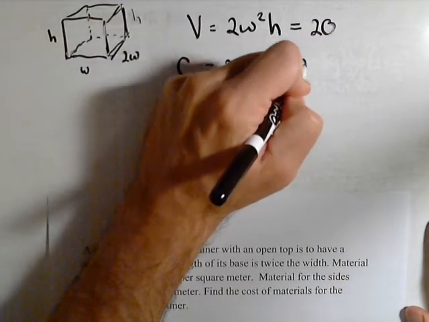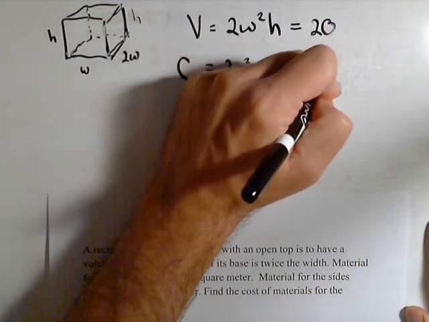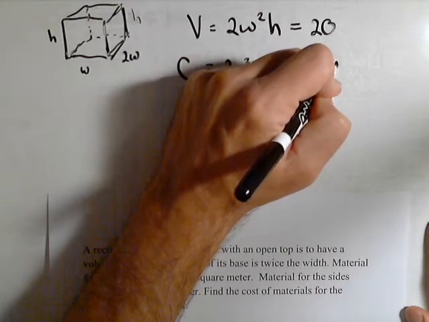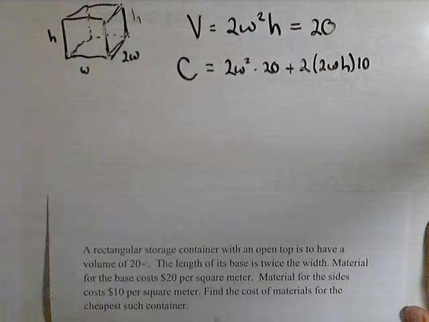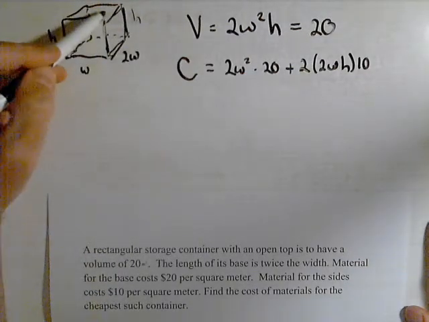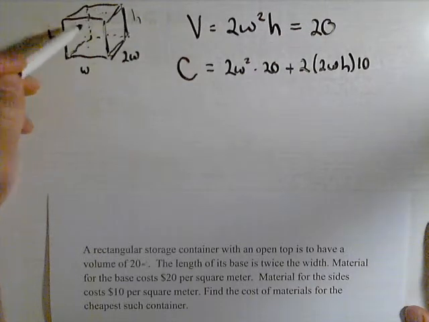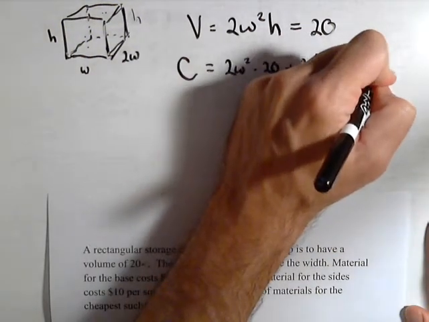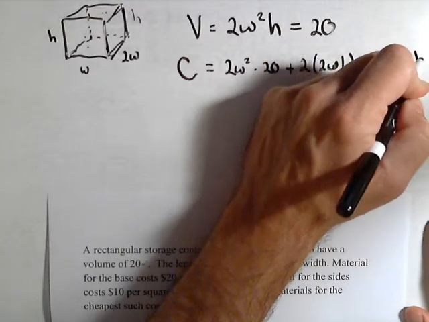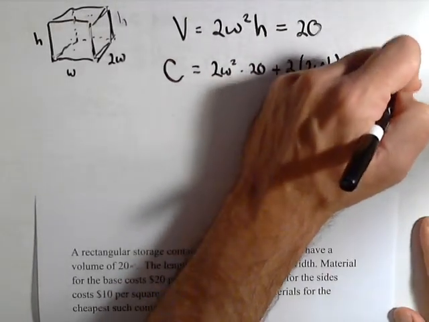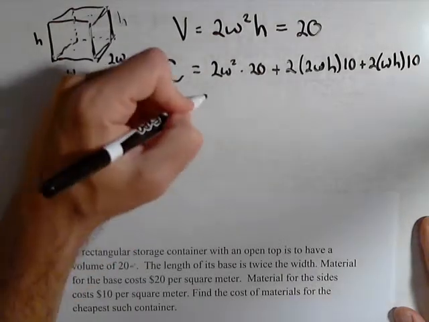So we got two sides that are 2W times H, and they cost $10 per square meter. Now this side is W times H, and again there's two of them, the front and the back. So we have the two that are W by H, and those are also $10 per square meter.